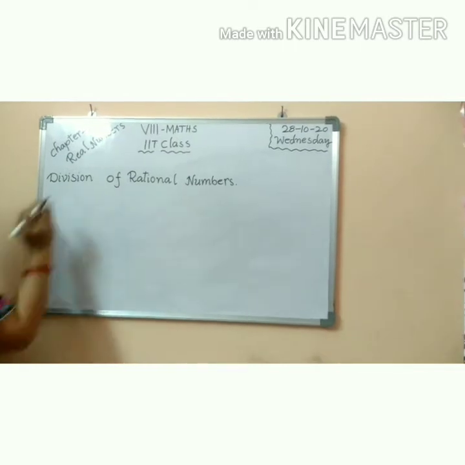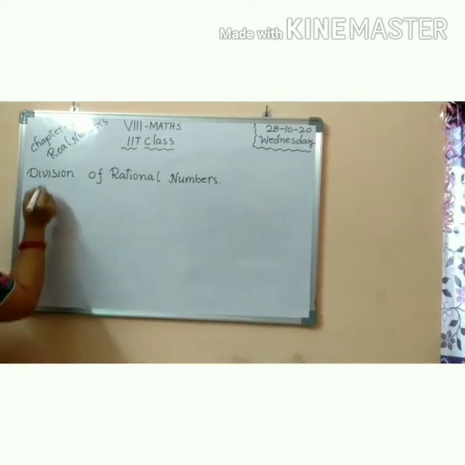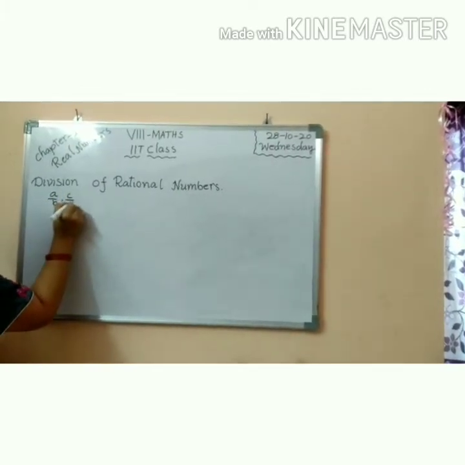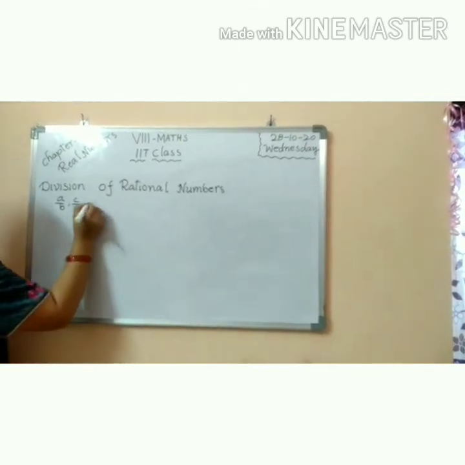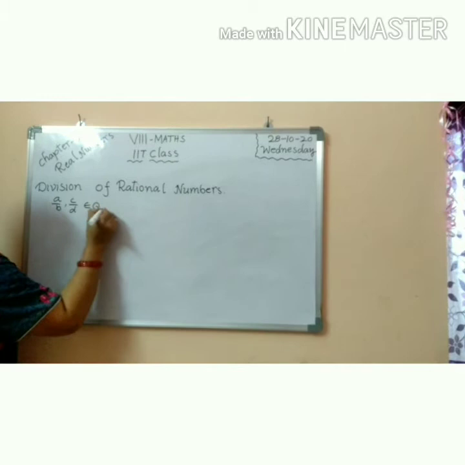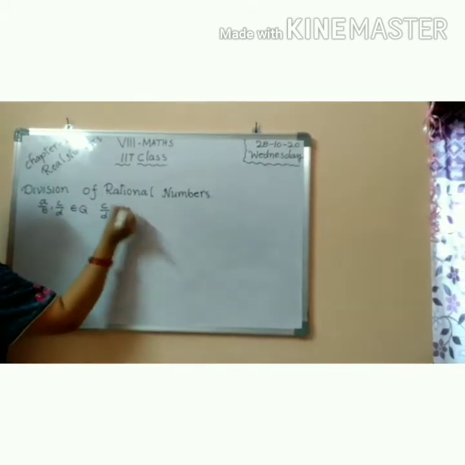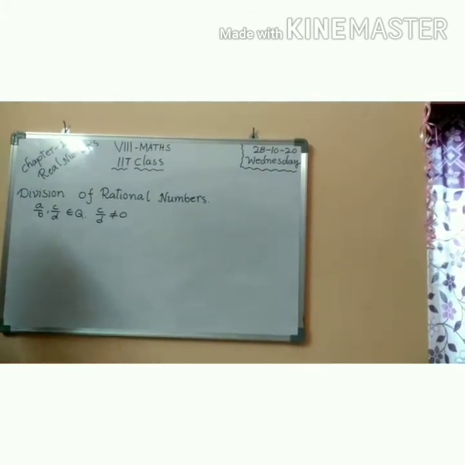Division of rational numbers. Under division, a/b and c/d are two rational numbers, with c/d not equal to 0.